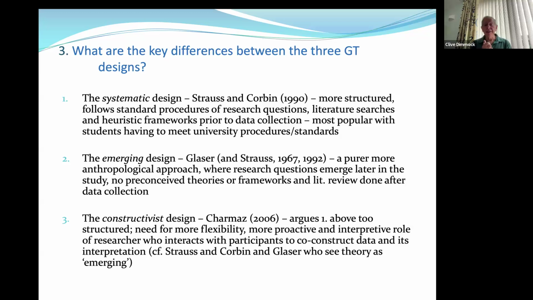So the systematic design of Strauss and Corbin, number one, is the most structured and is the one that I've used with students mostly because it conforms to the usual parameters of university administration. They want to know what your research questions are. They want to know the research design early on. And so you can get collecting data as soon as possible.